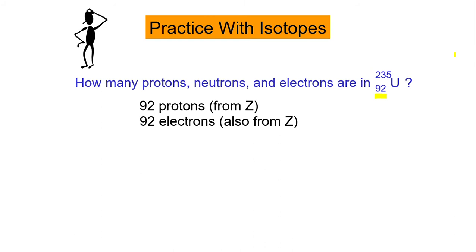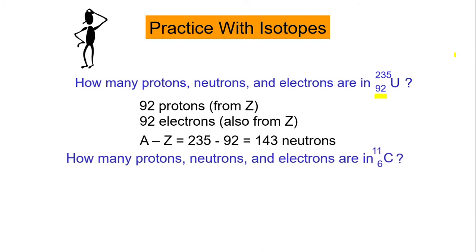Now, how do we get the number of neutrons? Well, we have a mass number of 235, which is protons plus neutrons, and we have 92 protons. So essentially, the difference between those two should be the number of neutrons. 235 minus 92 is 143. So we have 143 neutrons in this isotope's atom.